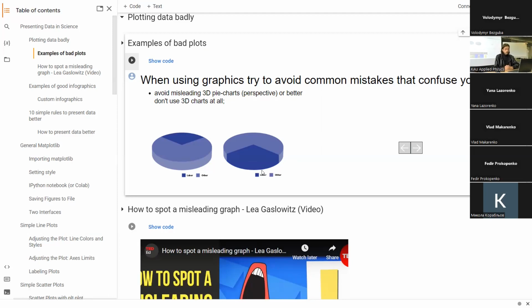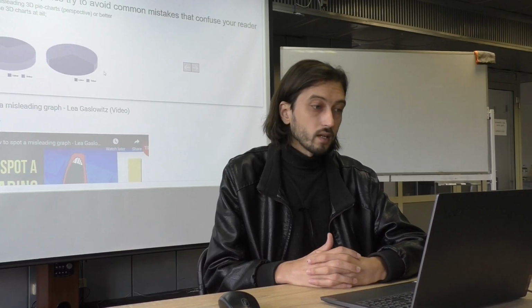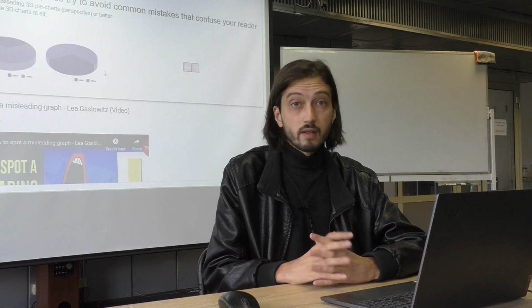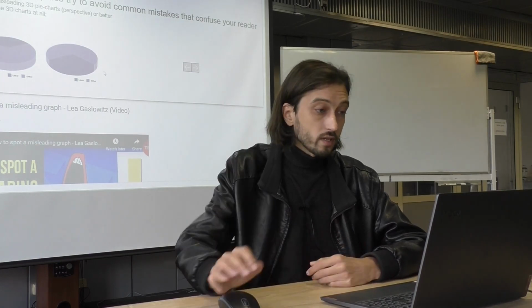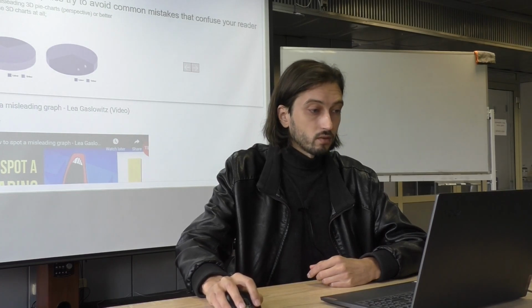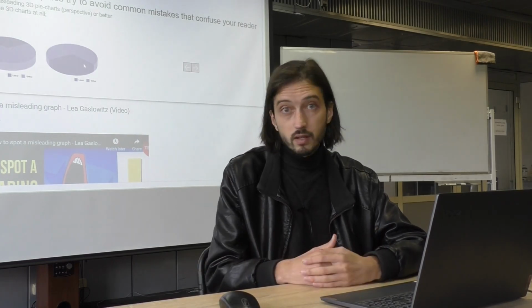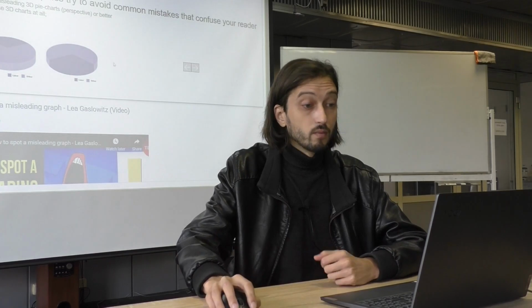But the problem is that on the pie chart on the left, it looks much smaller than on the pie chart on the right. And everything is because of the perspective. So that's why you would rather never use 3D pie charts, because they are confusing. Of course, if you additionally forget to set some numbers on that pie chart, that will be even more confusing.